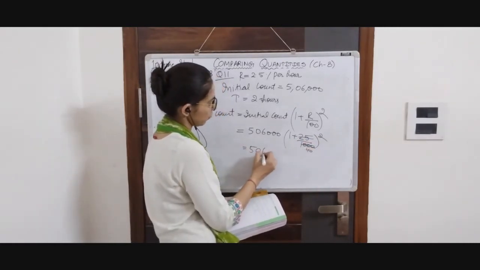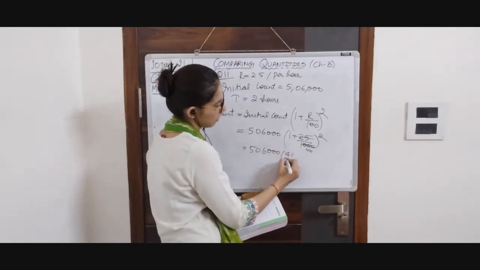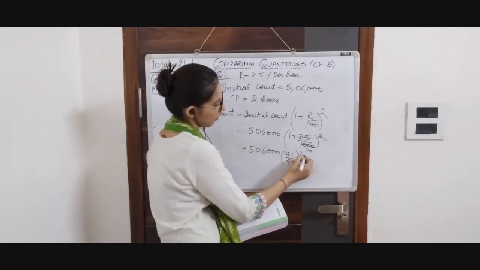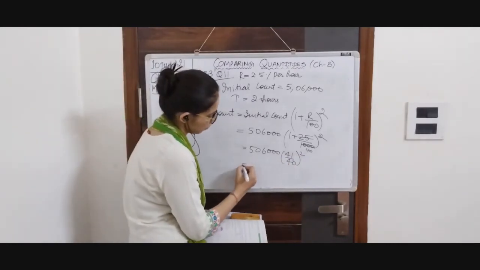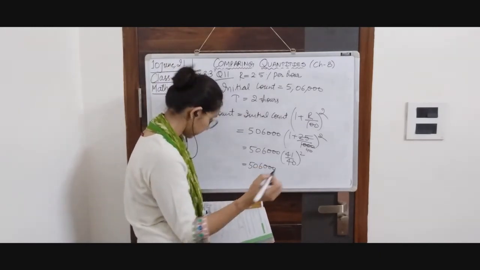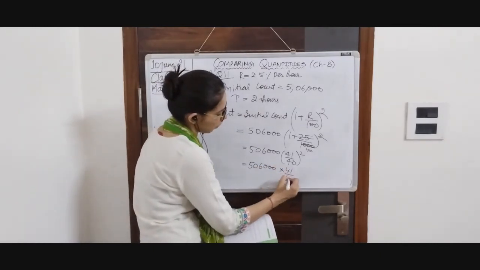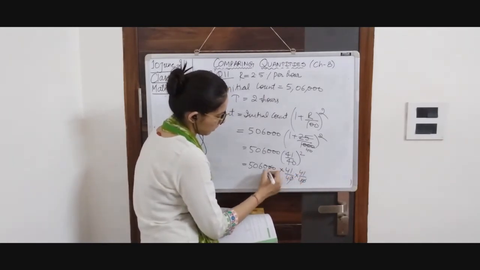It will be 506,000 into 1 plus 1 by 40 to the power 2. It will be equal to 506,000 into 41 by 40 into 41 by 40.